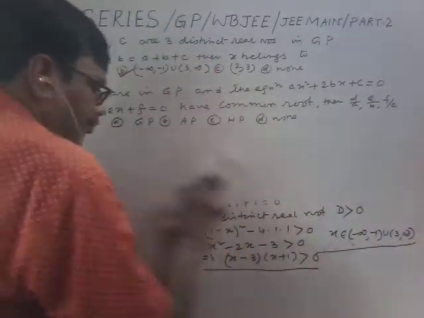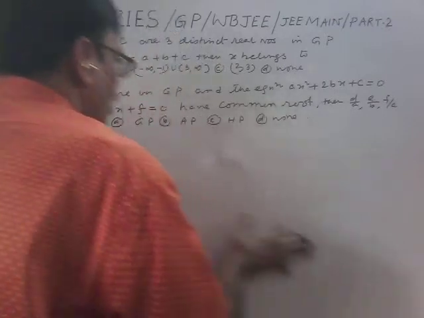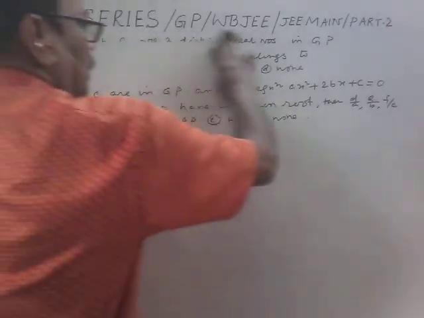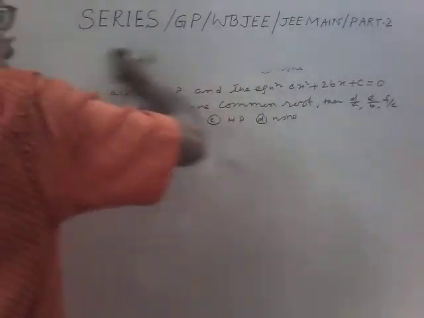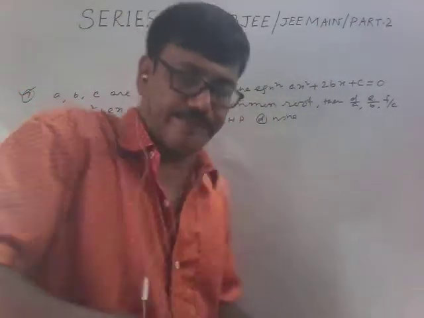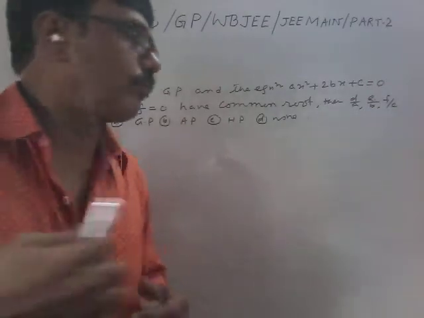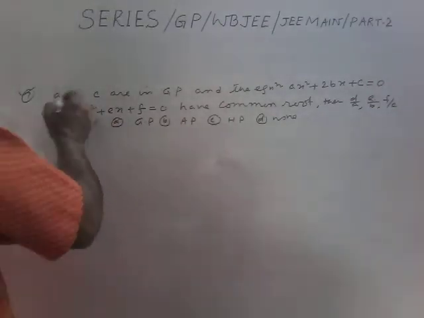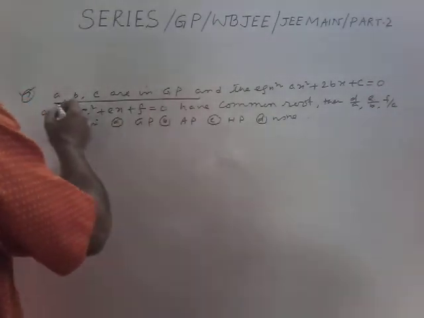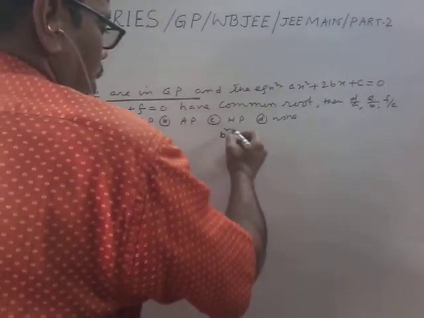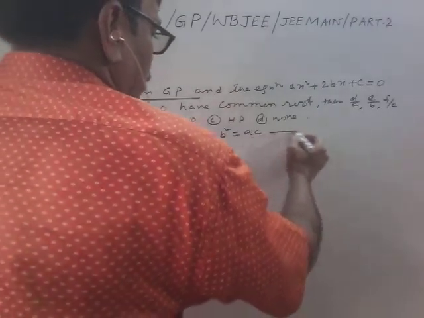Next, problem number 7. A, B, C are in GP. So we are getting B square equals AC.